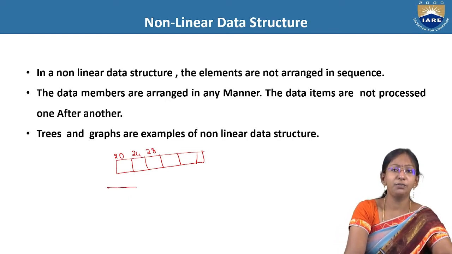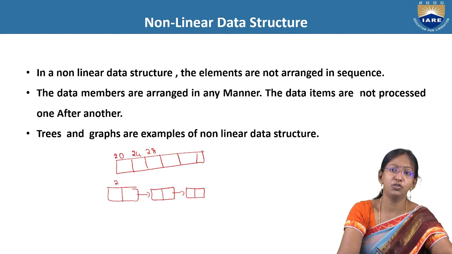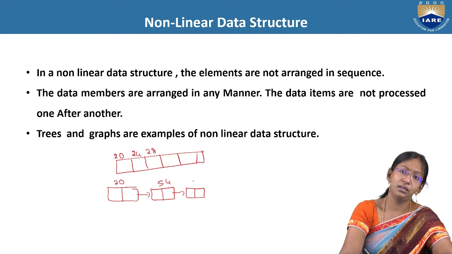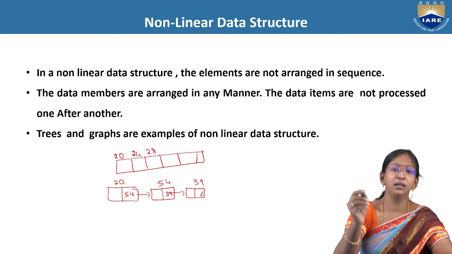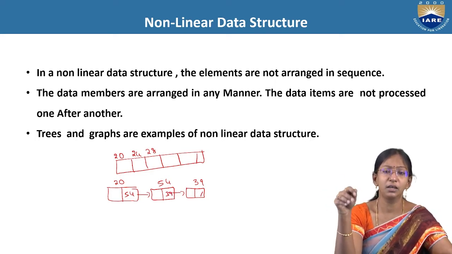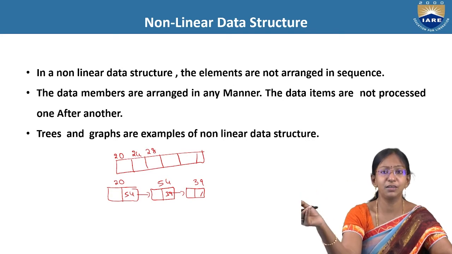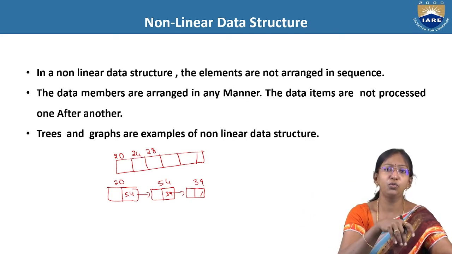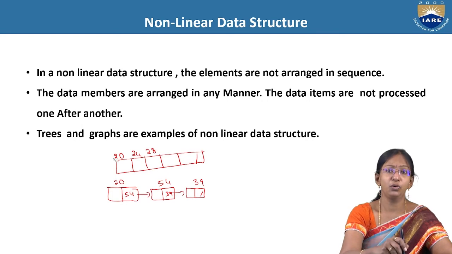If I cannot find such a huge space, then I can use a linked list to store the data. For example, the first node is at location 20, the other may be at location 54, and the third is at 39. The addresses of the next nodes are stored in the previous nodes. The current node holds its data as well as the address of the next node. In these two ways, we can store the data.